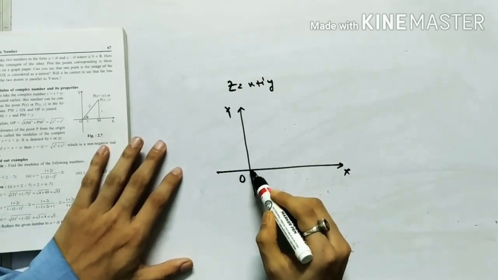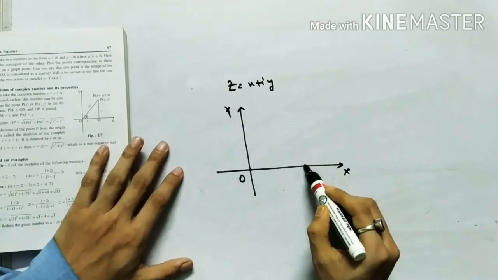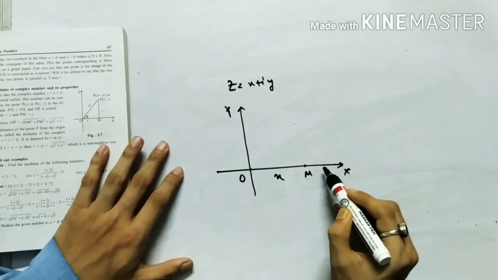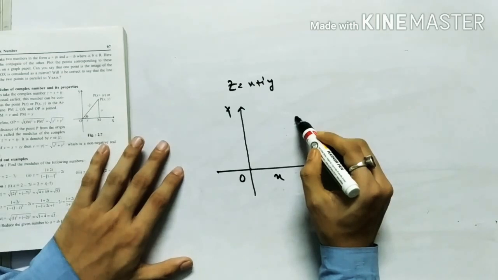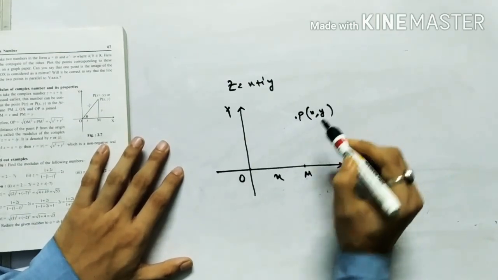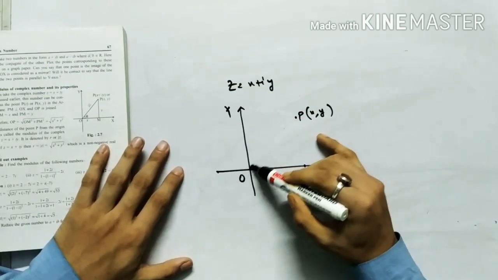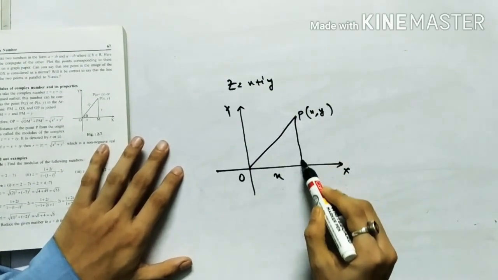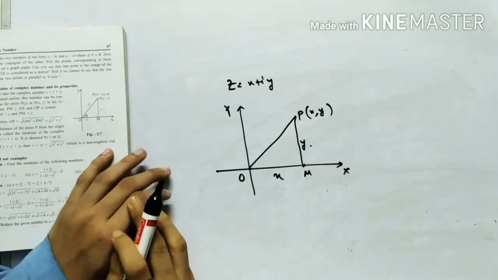Let's say from the origin to a point M, this is x, and from here to our point P, its coordinate is x comma y, and this is y.